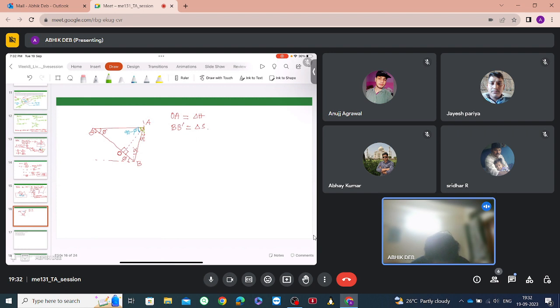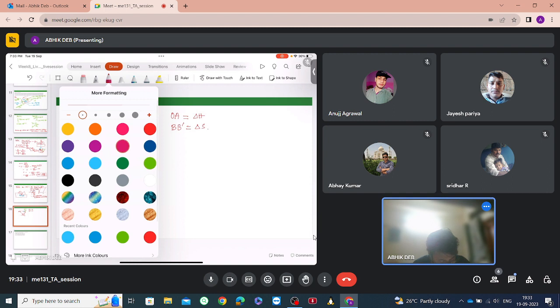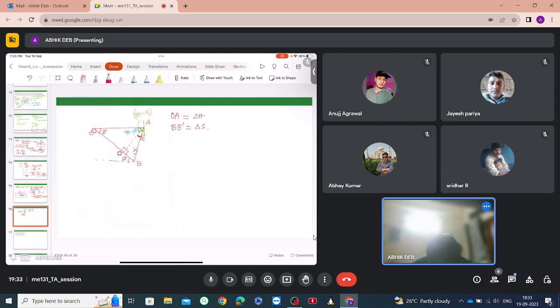So this angle will be 90 minus alpha minus, sorry, 90 minus alpha, 90 minus phi. So this angle will be phi minus alpha. So this angle is equal to phi minus alpha. Okay. So is it clear till now? This angle calculation, is it clear?